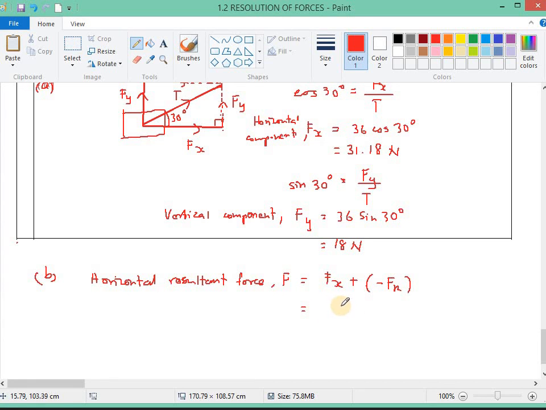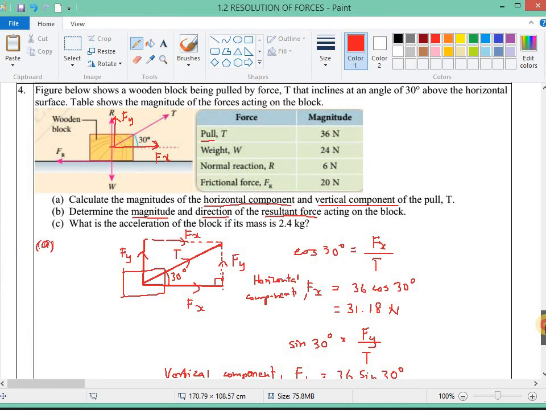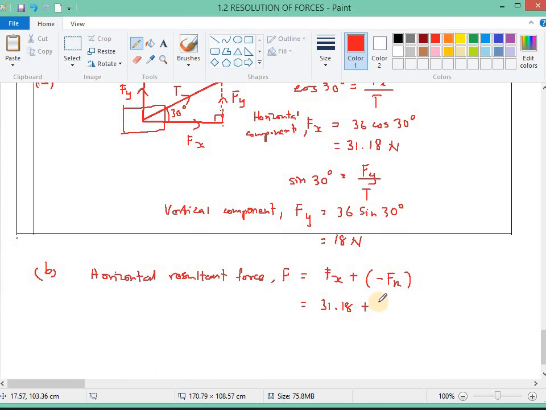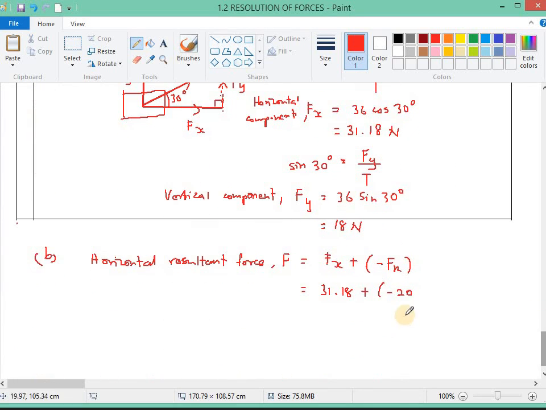So Fx is 31.18 plus the friction given, exactly negative 20 Newton. And then we get the horizontal resultant force, so it's 11.18 Newton.